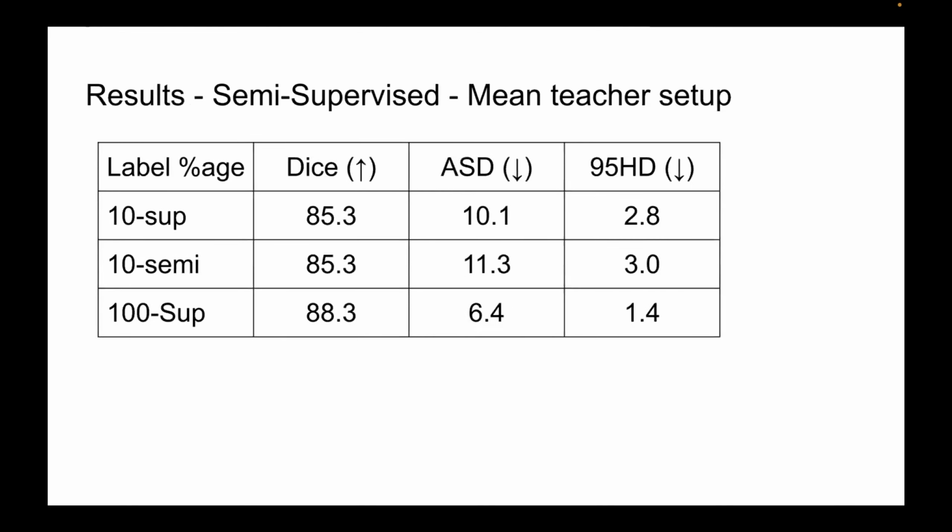Then first is the semi-supervised mean teacher setup. This is the baseline architecture that I'm trying to set up. I had a 10% supervised result with 85% on the dice score and Hausdorff at 2.8. With the semi-supervised 10% right now, I'm not outperforming the supervised, but it has similar scores.